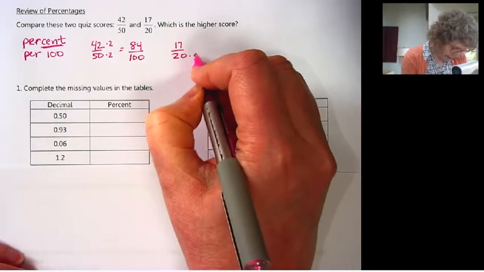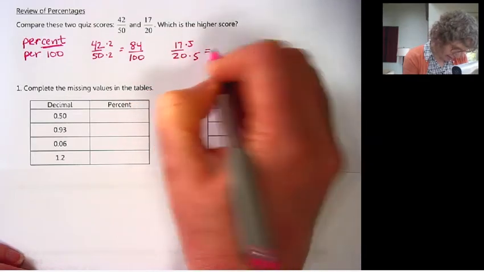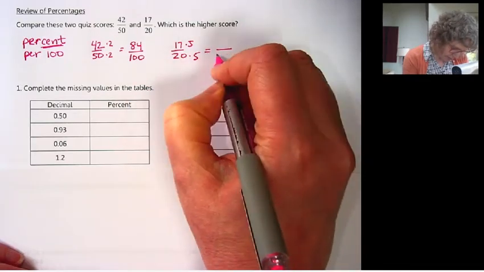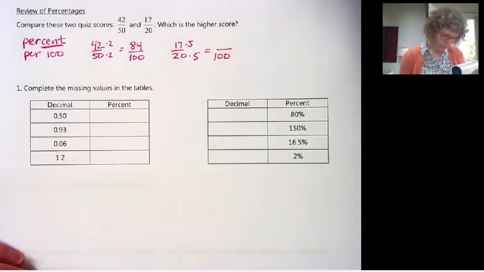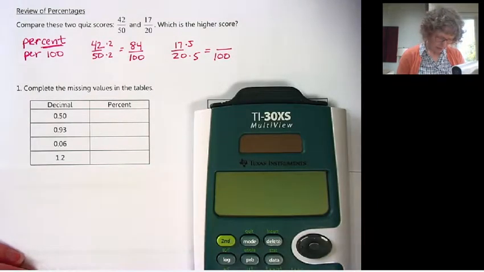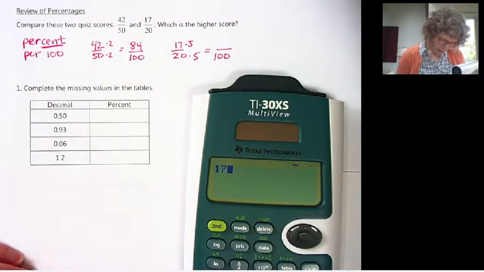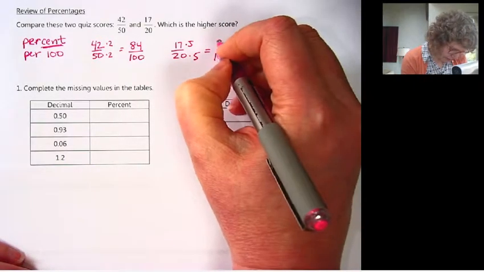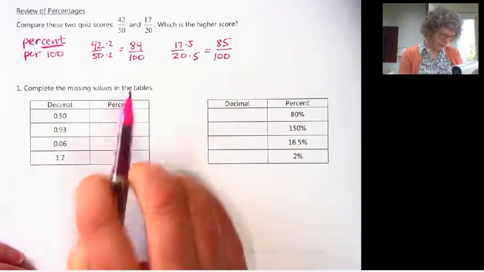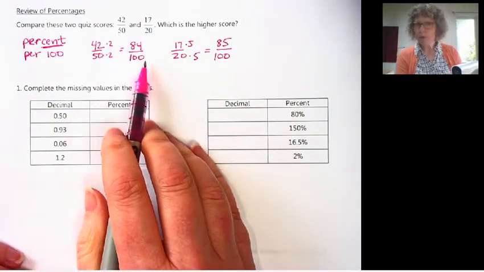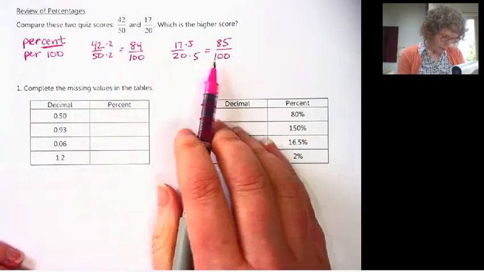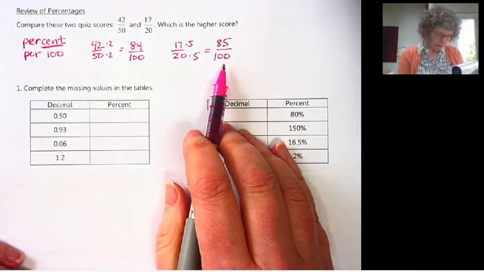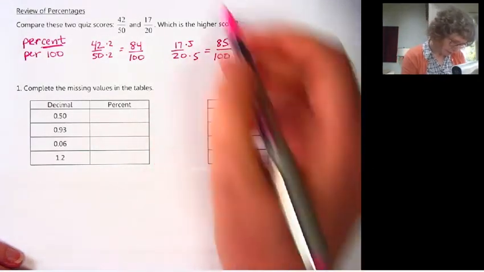If you said 5, you're right. So 20 times 5 is 100. I know that because there's 20 nickels in a dollar. And I don't know what 17 times 5 is, though. 85. Okay, so these scores were very close together. This one is equivalent to 84 out of 100, while this one is 85 out of 100. So this one is a little bit better.